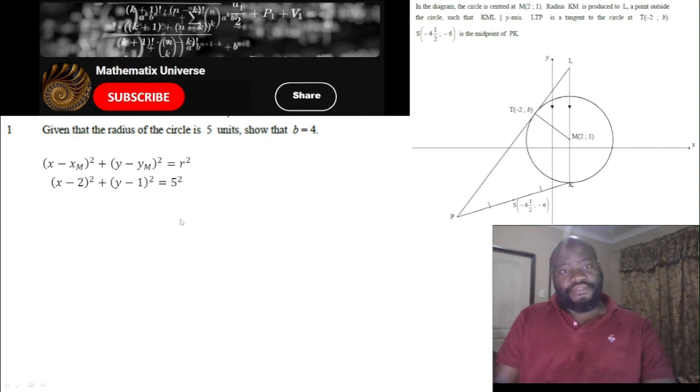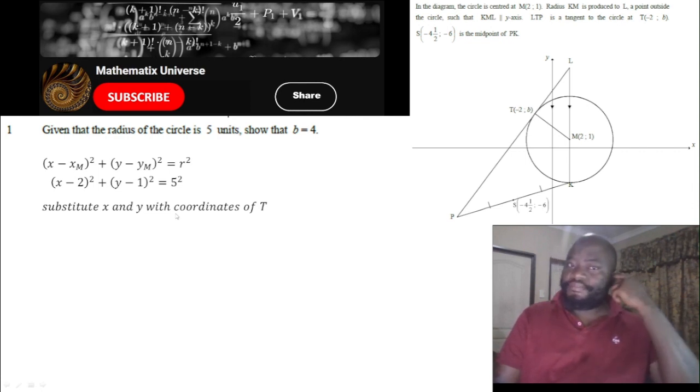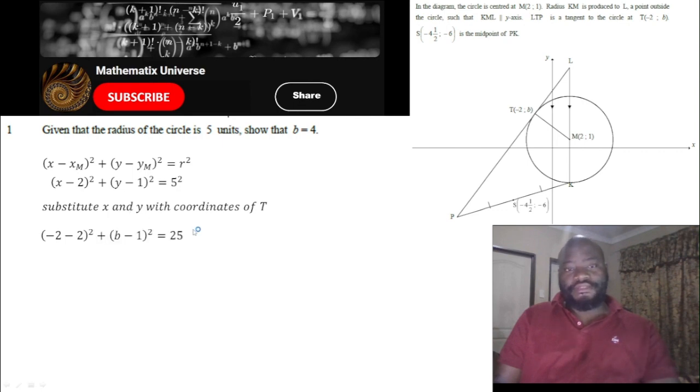5 squared is 25. Then we will substitute the coordinates of T, since it's on the circumference of the circle, for x and y. So we end up with (-2 minus 2) all squared plus (b minus 1) all squared equals 25. Then we simplify this to get this.